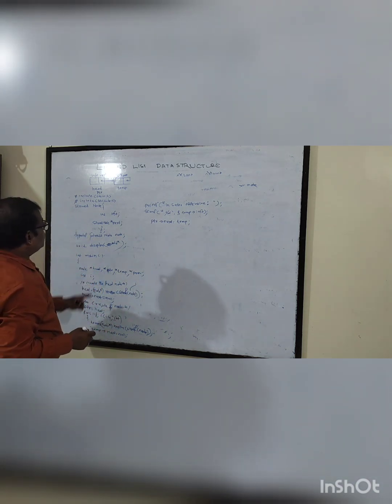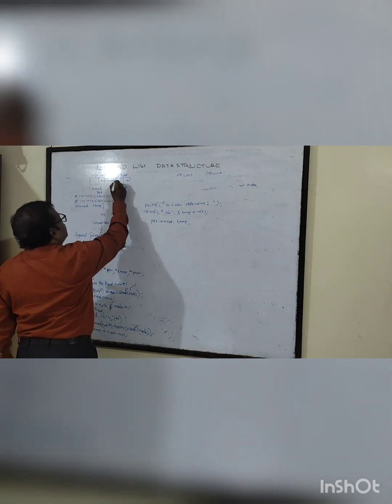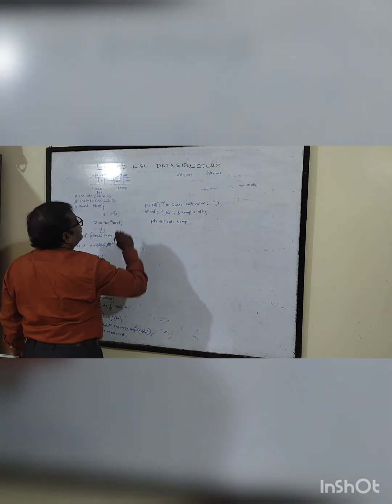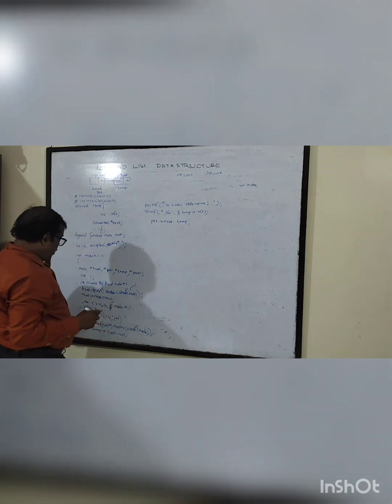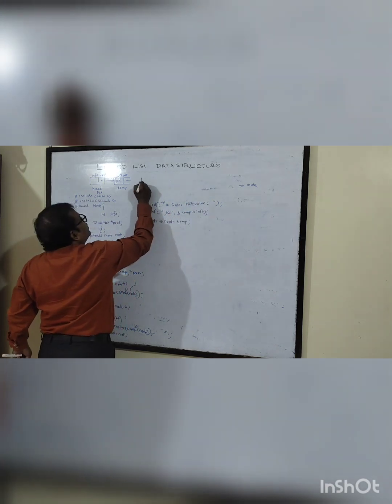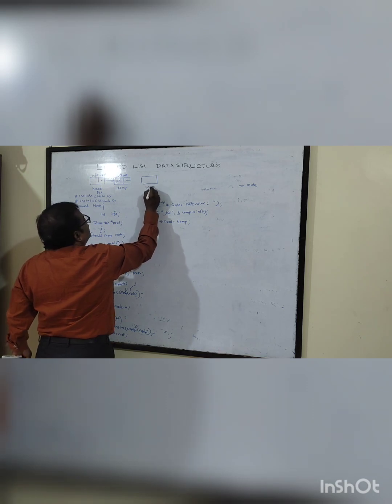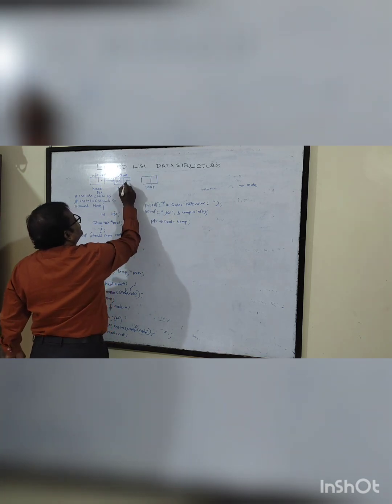How will the process go on? Next time I will be 2 here, enter the node value. First of all you enter the node value here, later it is called 10. Second time when it goes inside the loop, I will be 2, and again another new node will be created, and let this be named temp here.